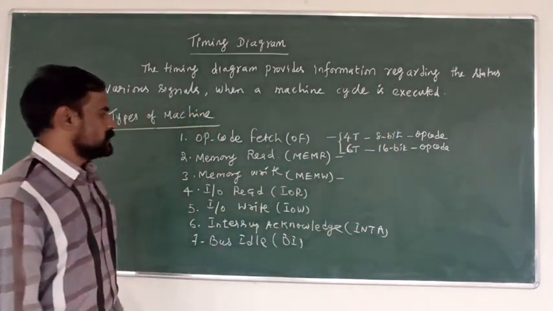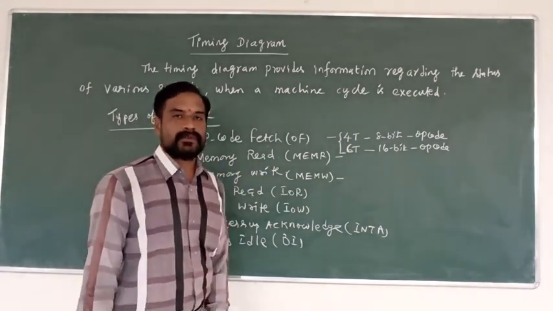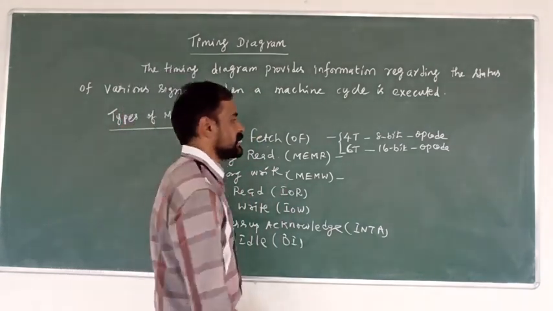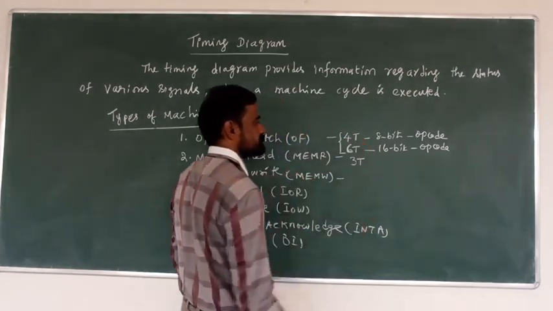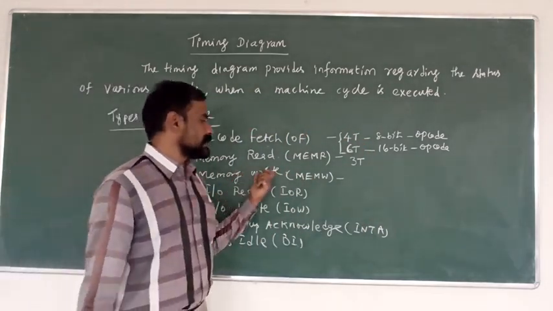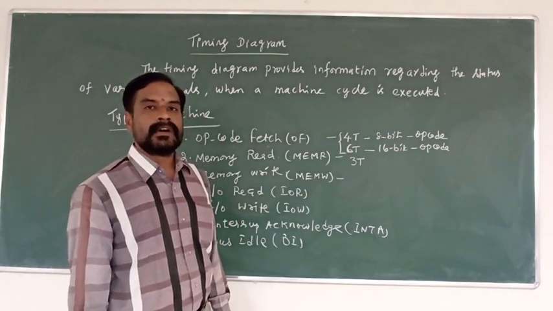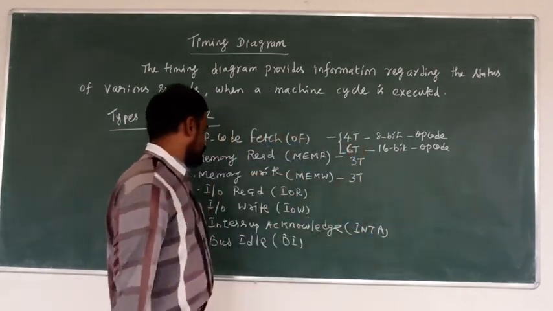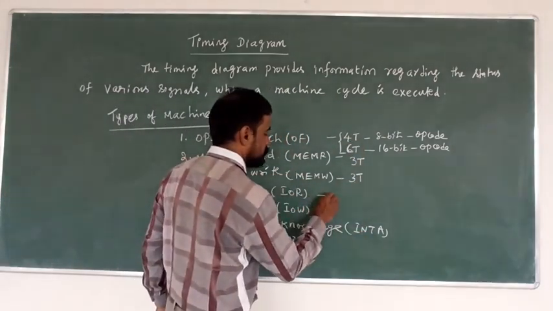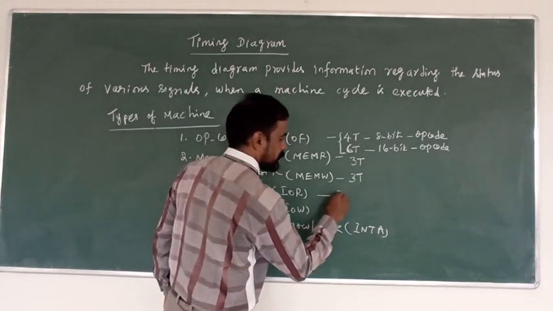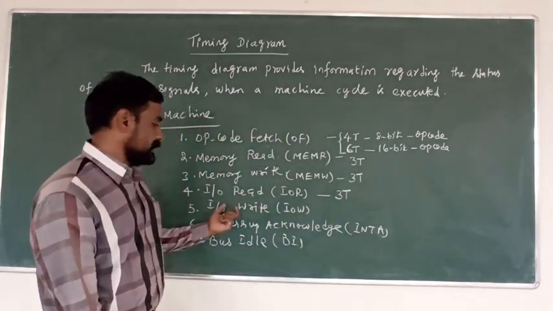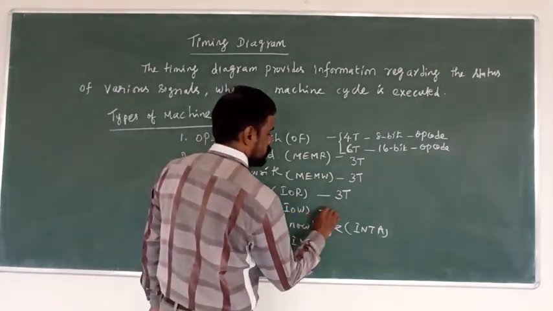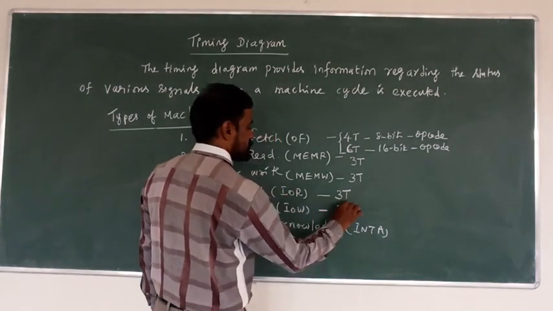Second one, memory read. To read the data from memory requires 3 T states. Memory write, to write the data into memory, requires 3 T states. Input output read also requires 3 T states, and input output write requires 3 T states.